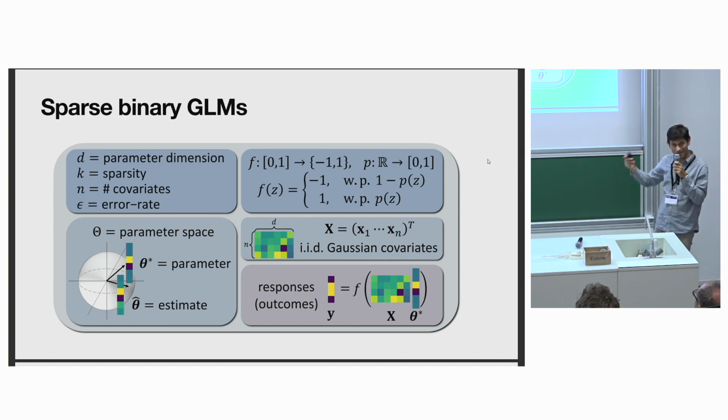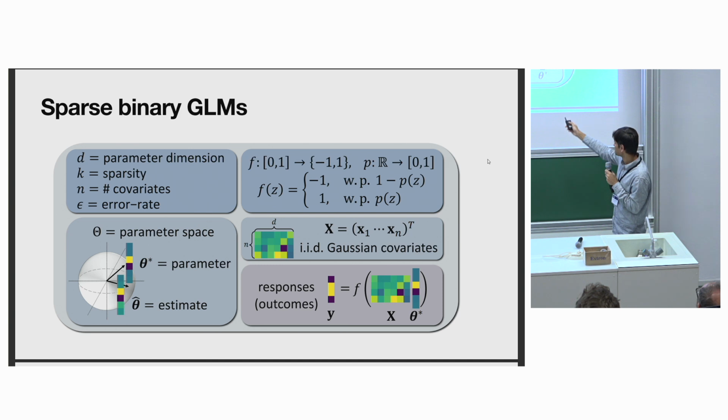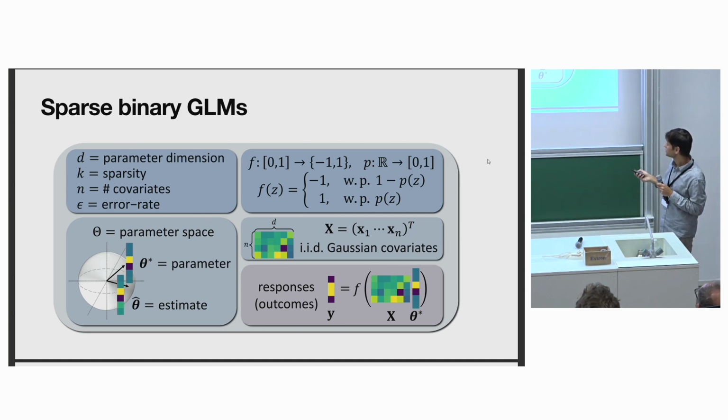Again, for technical reasons, we will stick to Gaussian covariates. So x1 up to xn are all i.i.d. white Gaussian, and y equals f of this thing. So that's our model.